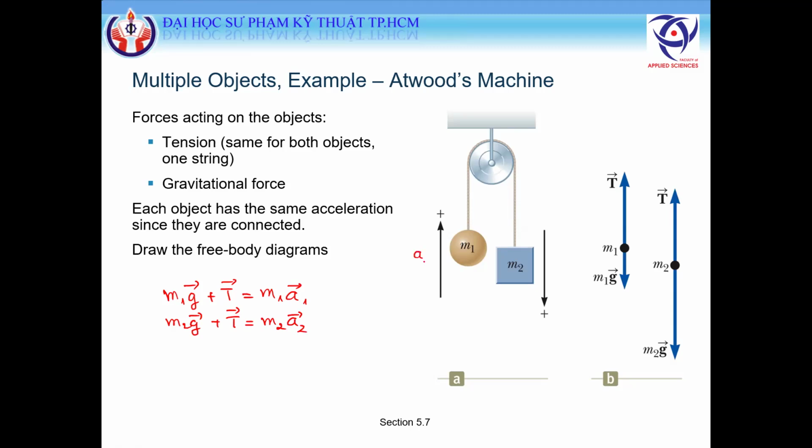Actually, A1 goes up this way, A2 goes down this way, right? So they have the same magnitude, A1 equal to A2. Why? Because the string here is unstretchable.